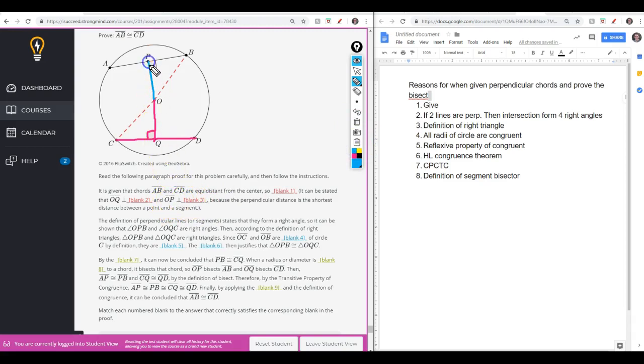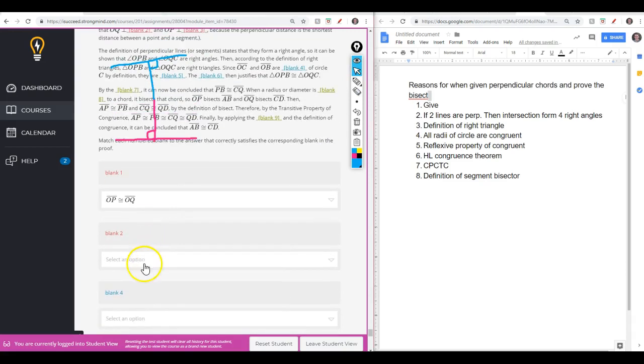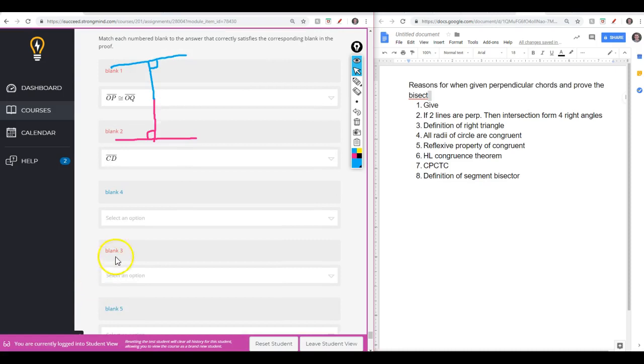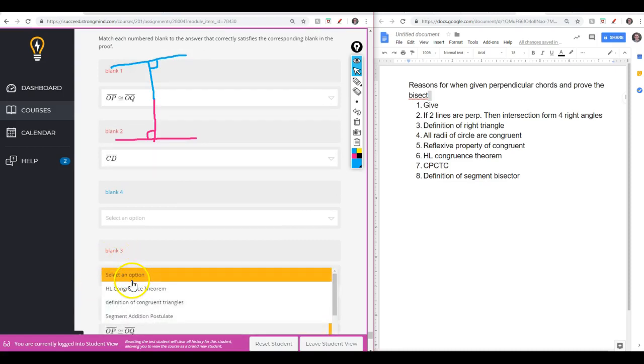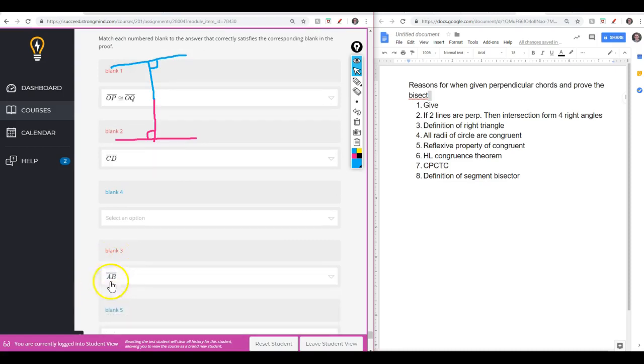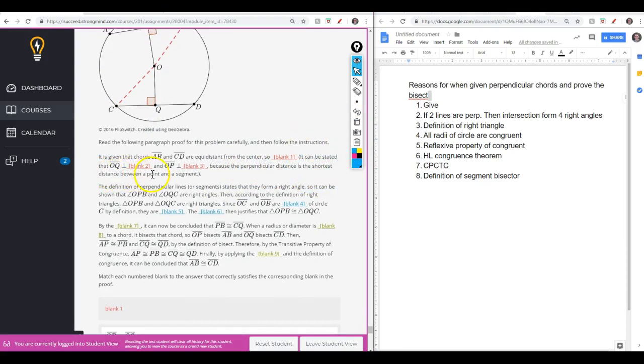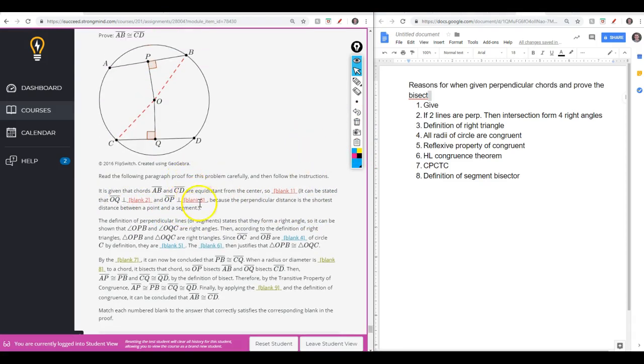OP is perpendicular to AB. So segment CD for blank 2, and for blank 3, it's going to be segment AB. Okay, because the perpendicular distance is the shortest distance between a point and a segment.